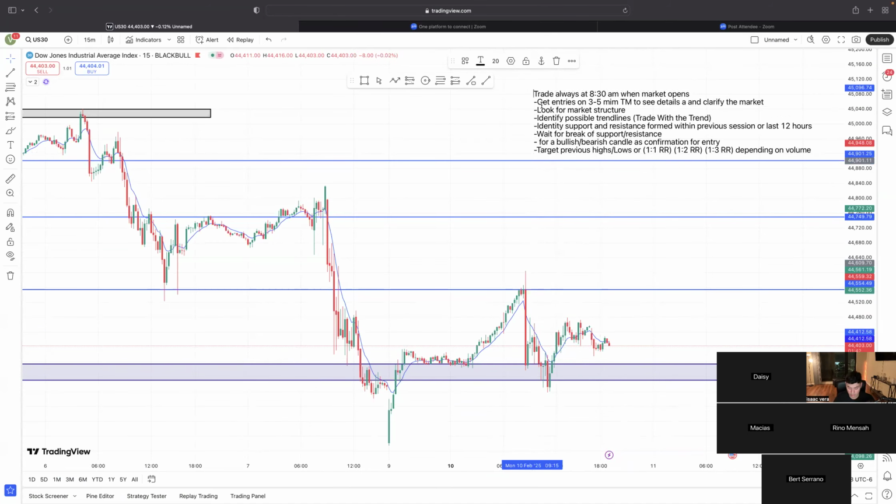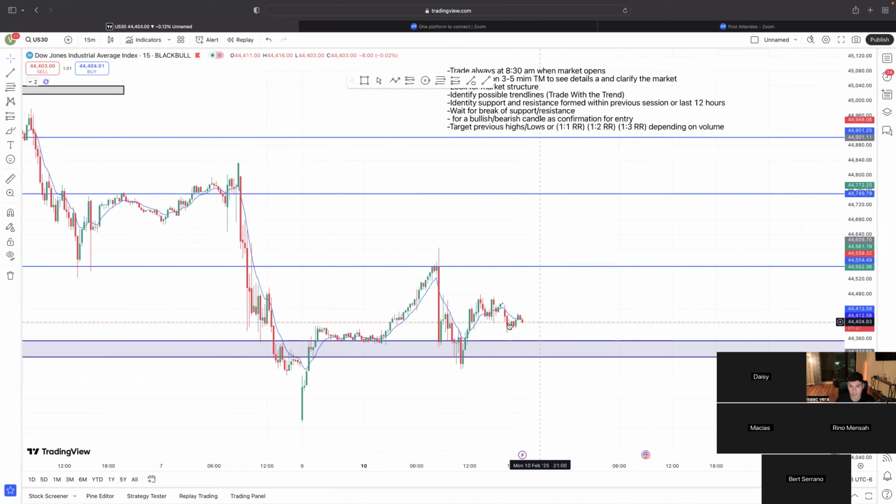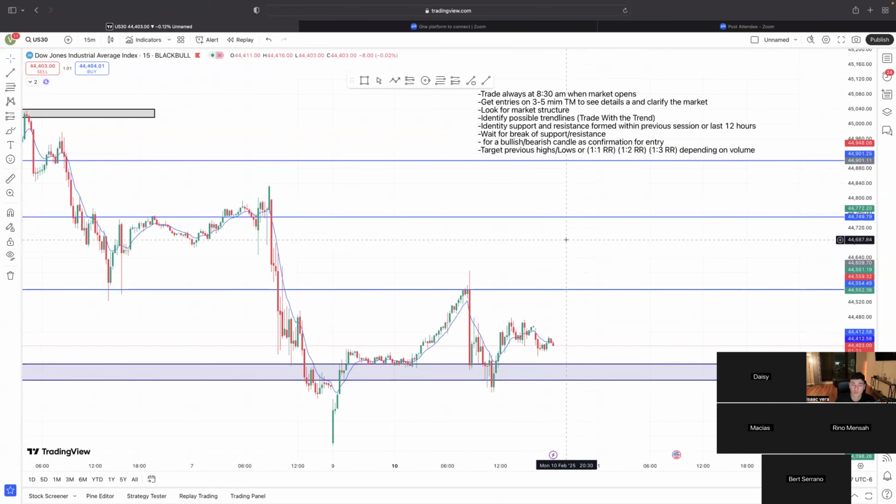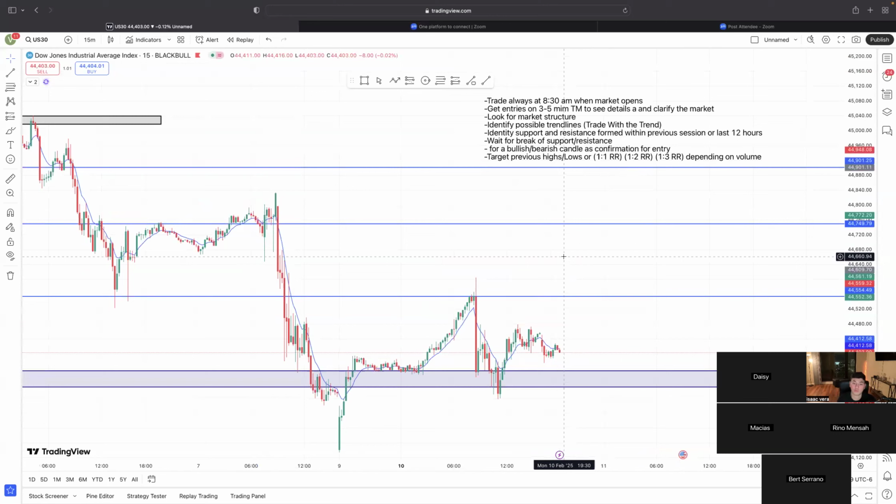I don't know if you guys notice, if you've been on TradingView, whenever we are trading in the afternoon, like 2 or 3 p.m., or the Asian session, around 9 p.m., it's kind of slow. As you can see, the market right now is kind of slow. It's not really moving at all. But we have more movement at 8:30 a.m. because that's when the New York Stock Exchange opens.